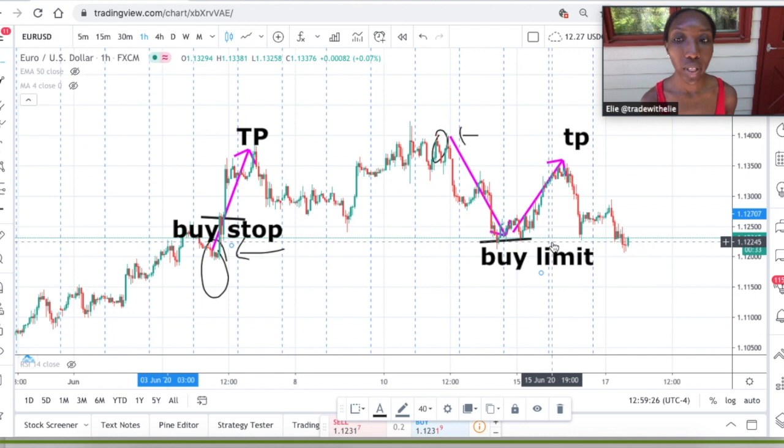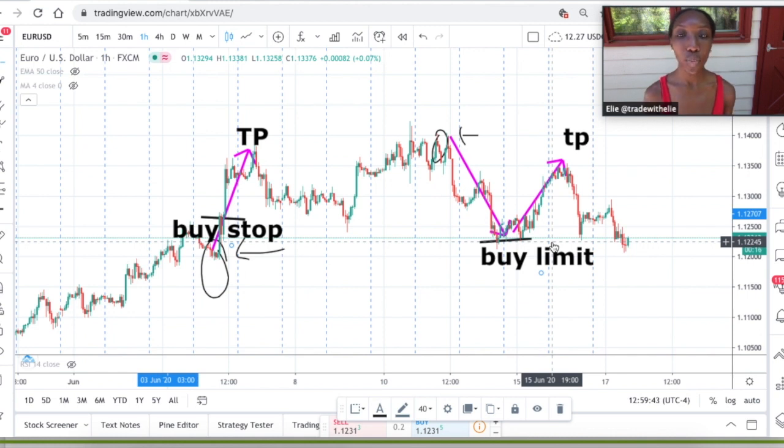Hence, with the buy stop, price is going to be below that buy entry you are looking to enter the market for. And with the buy limit, price is going to be above that buy entry where you're looking to enter the market for.